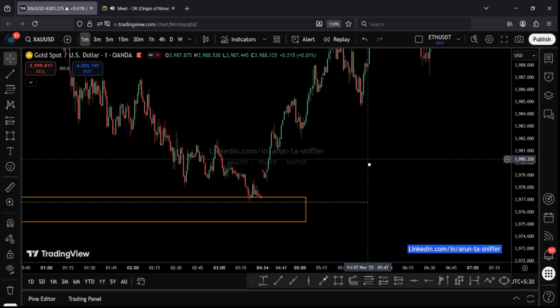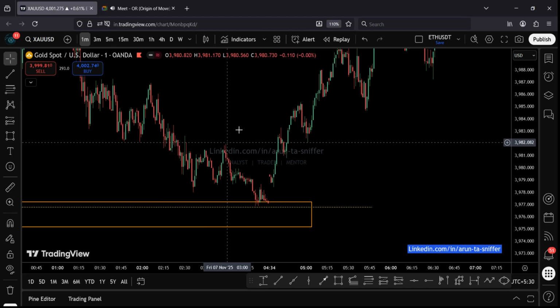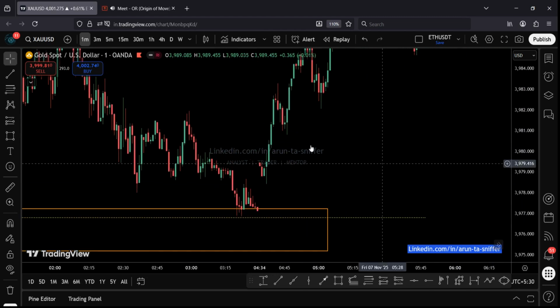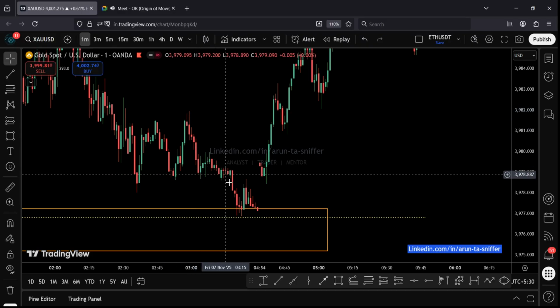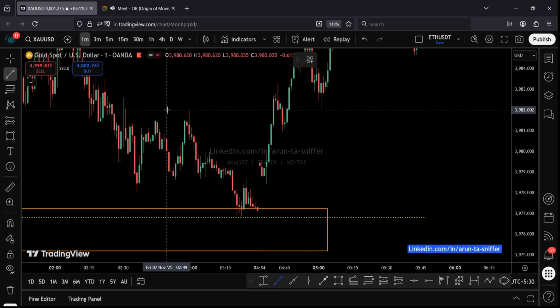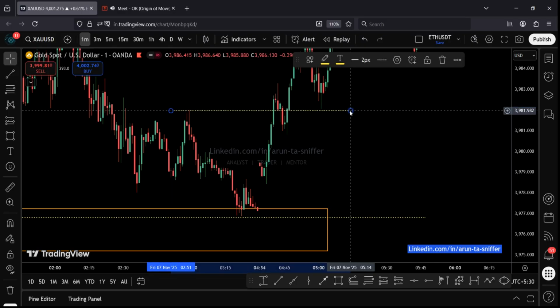like this. Okay, this move, focus on this move. This move sent the price to true zone. This move sent the price to true zone. So we will draw a line like this.